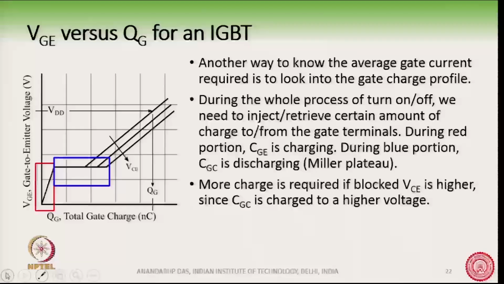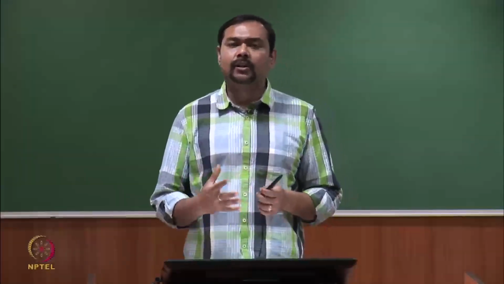So, instead of looking into individual stages of turning on, they look at it in a cumulative way: in order to turn this device on, I require so much gate charge. Now, how fast you deliver this charge matters: if you do it very fast, you will turn the device on faster.